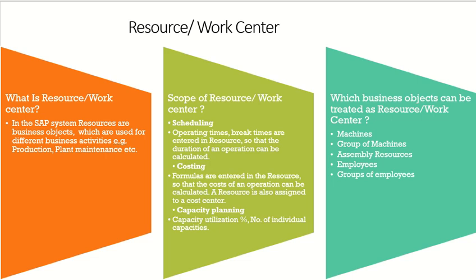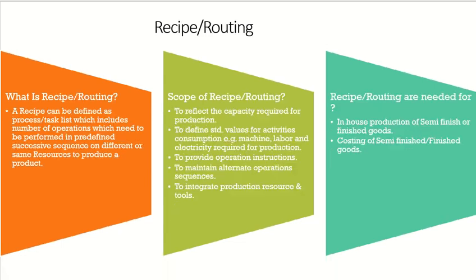Which business object can be treated as a resource or work center? Any machine can be, a group of machines can be, an assembly resource can be, employees also can be considered as a resource or work center, or a group of employees. The same we will discuss in detail in another video for resource and work center.